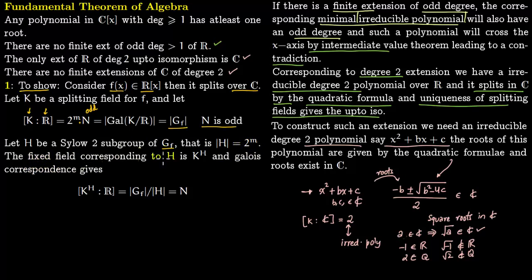So the fixed field corresponding to H, say, is kh, and the Galois correspondence immediately gives that the degree of the extension of kh over r is this divided by H. So GF is 2 to the power of m times n, you divide it by 2 to the power of m, and you get n, which is odd.